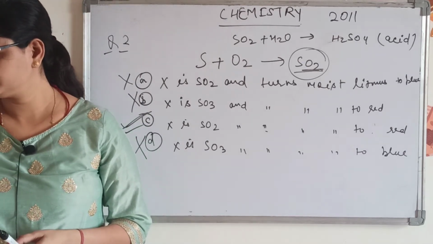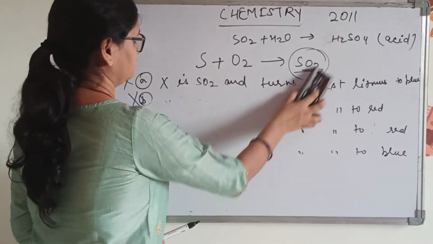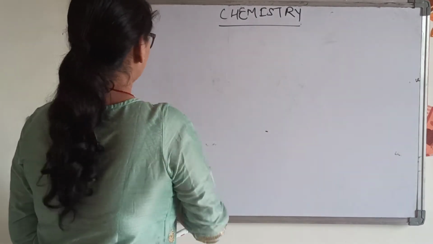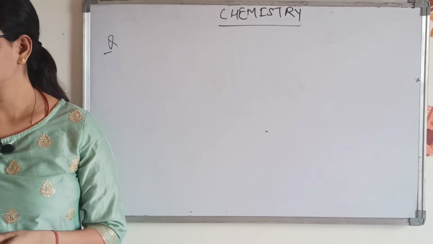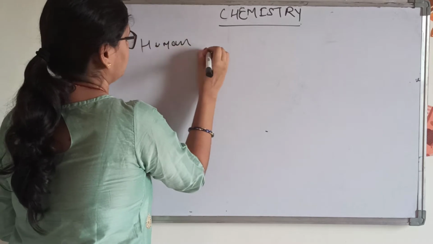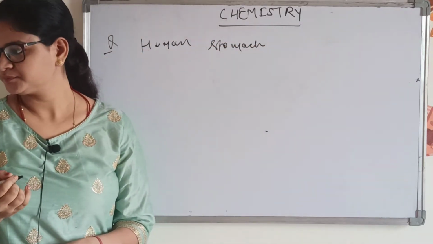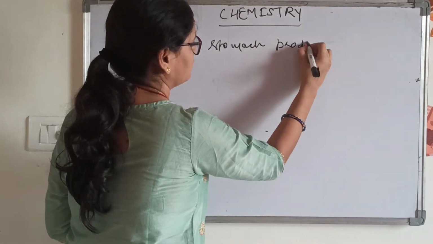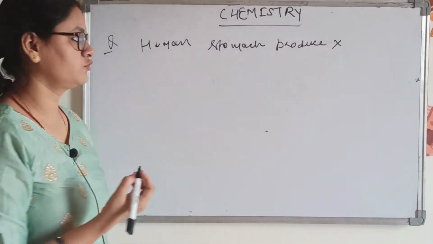Next question is question number 4, I guess. The human stomach produces X, which helps in digestion of food.